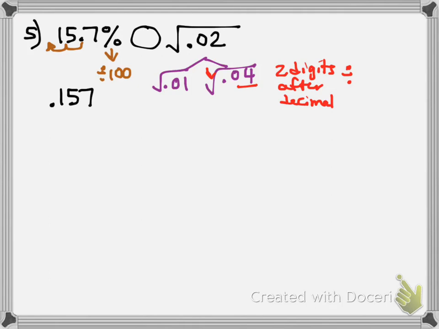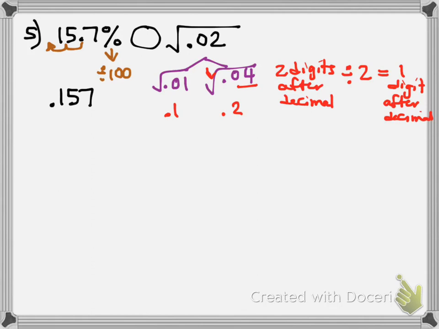It's a 2 because it's square root. So what's 2 divided by 2? 1. So that says you would get 1 digit after the decimal point. So when I take the square root of 1, I get 1, and I put 1 digit after the decimal point. Because 0.1 times 0.1 gives me 0.01. Square root of 4 is 2, but I have to have 1 digit after the decimal point, so it's 0.2.